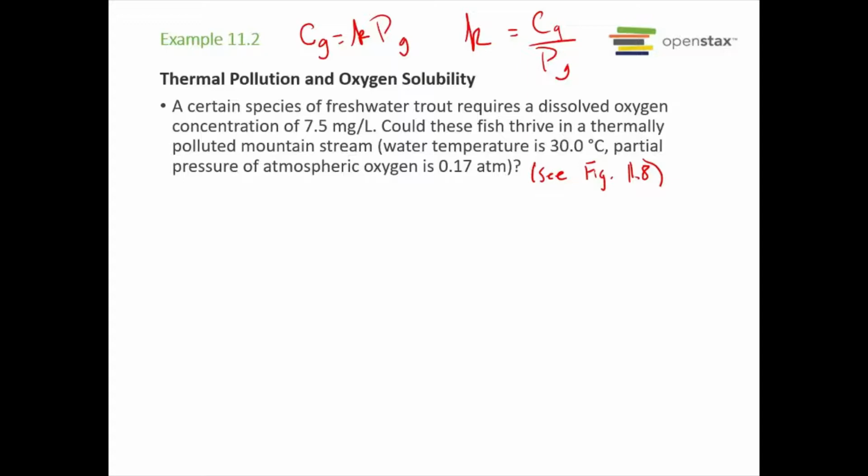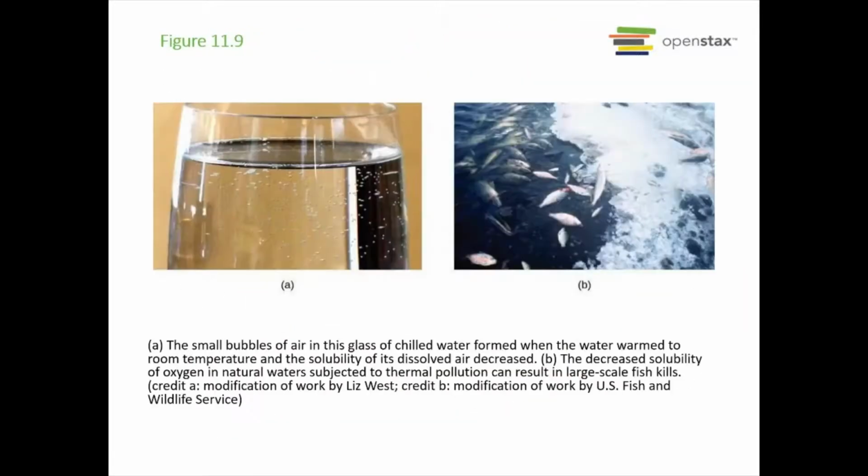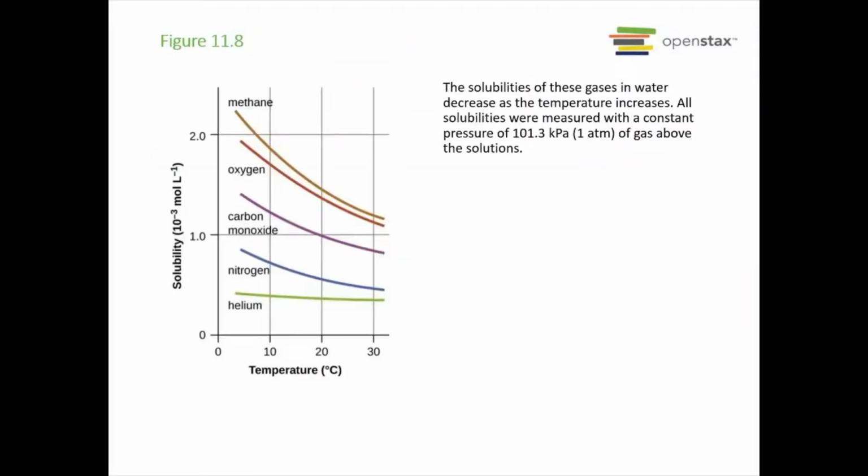And one thing that I forgot to copy and paste is that we need to see figure 11.8. And 11.8, if we go back, is giving us the solubility of gases at different temperatures. So we need to go ahead and find the oxygen, which is in red here.